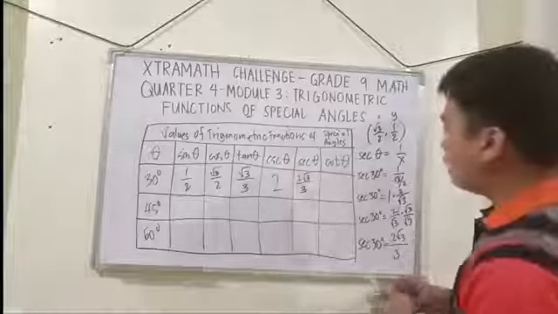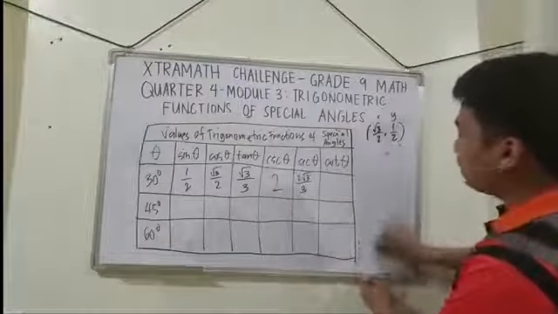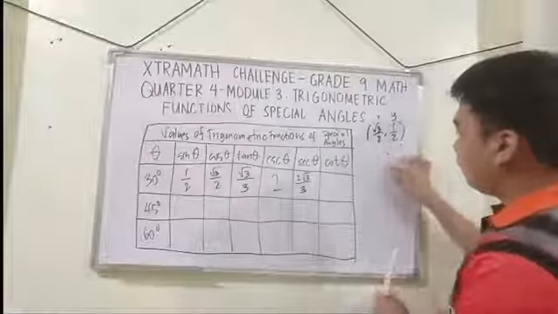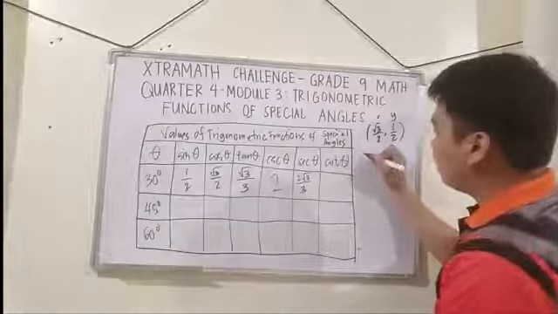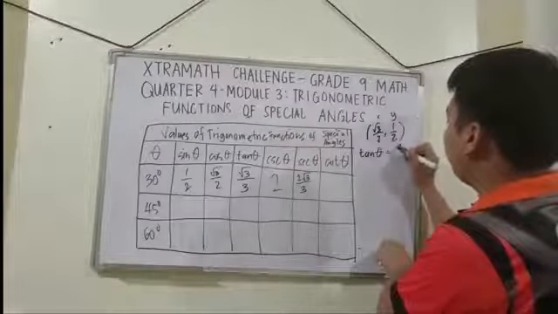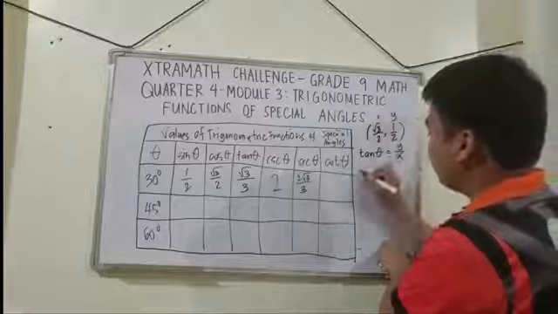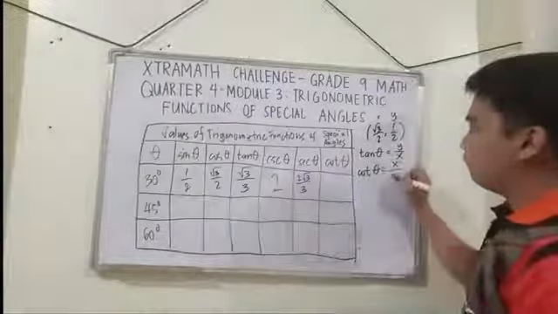Now, for the cotangent theta, remember that cotangent is the reciprocal of tangent. And tangent is equal to y over x. So we can say that cotangent theta is equal to x over y.